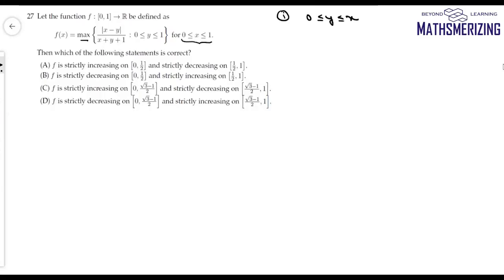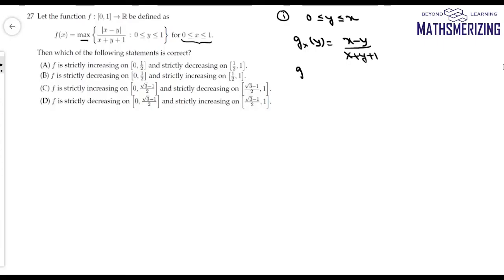So in that case, I can write this function as some function g as a function of y, which is, now since y is less than x, I can simply write it as x minus y upon x plus y plus 1. Now in this range from 0 to x, I'll need to find the maximum value of this function.